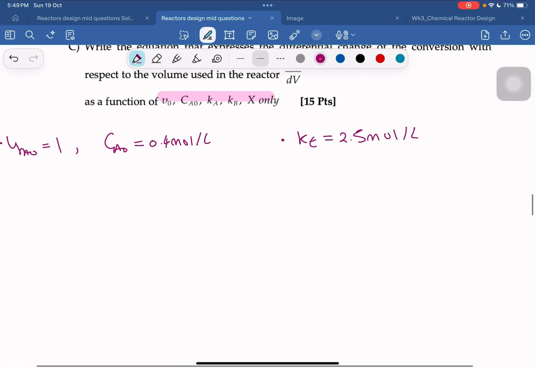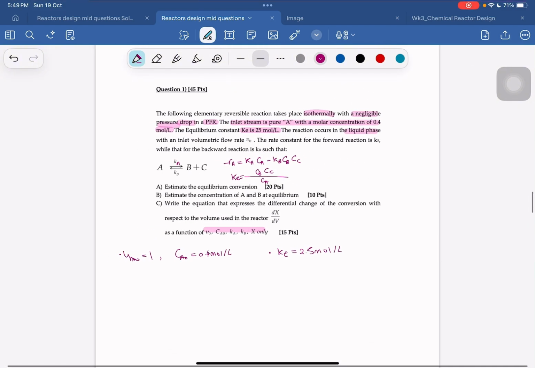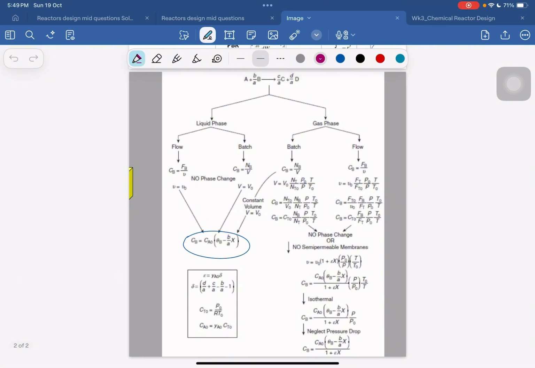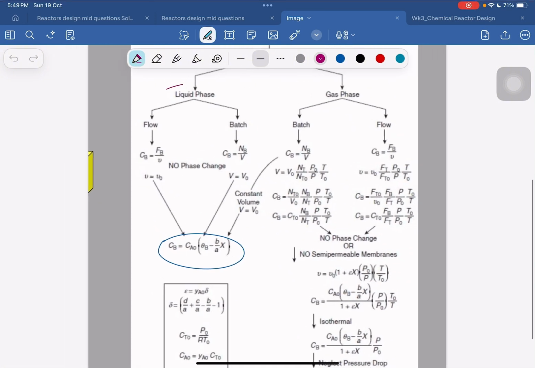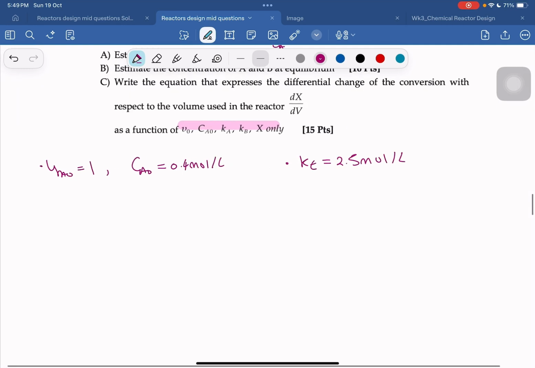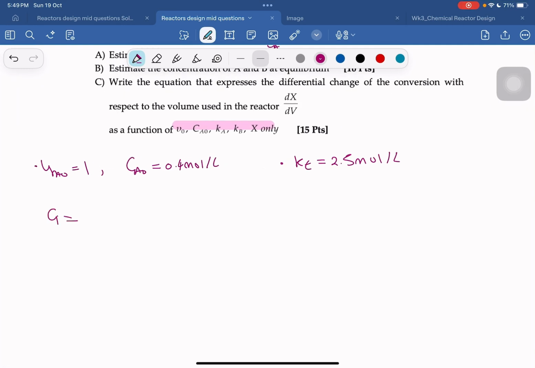Okay, we have isothermal, isobaric, and it occurs in a PFR in the liquid phase. So for the stoichiometry we're going to use the liquid phase flow reactor equation: Ci is equal to CA0 times theta i plus stoichiometric coefficient of i times x.